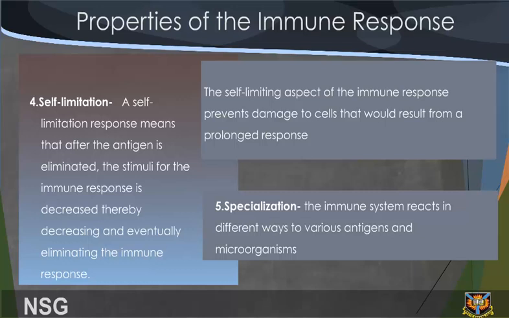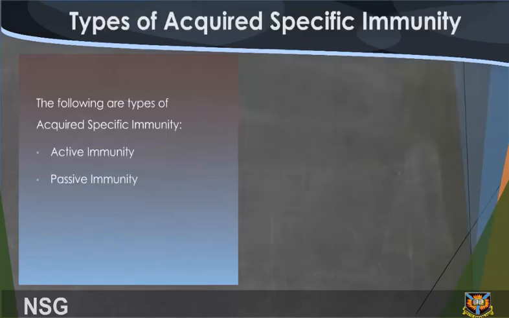The self-limiting aspect of the immune response prevents damage to cells that would result from a prolonged response. 5. Specialization. The immune system reacts in different ways to various antigens and microorganisms.